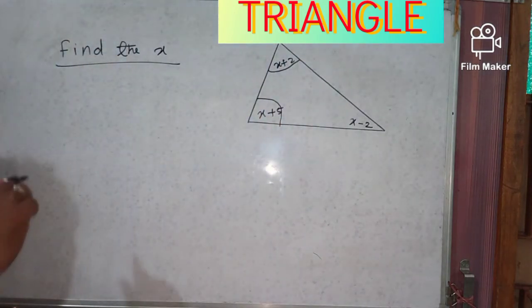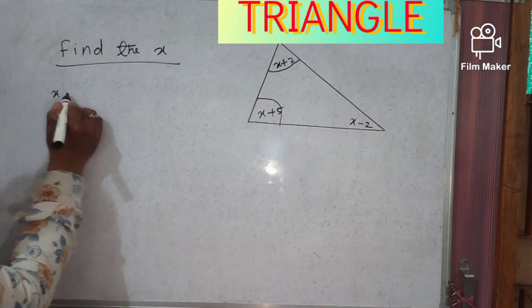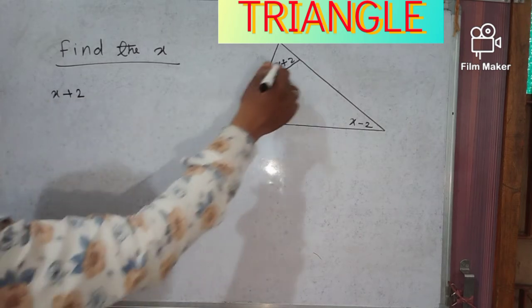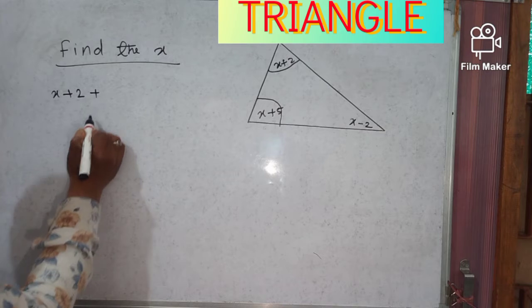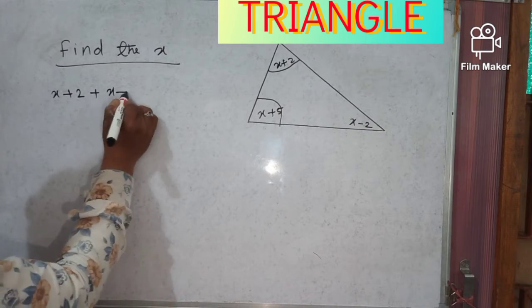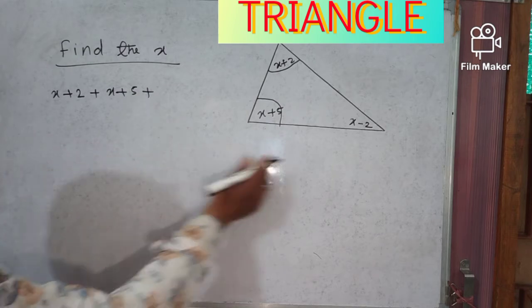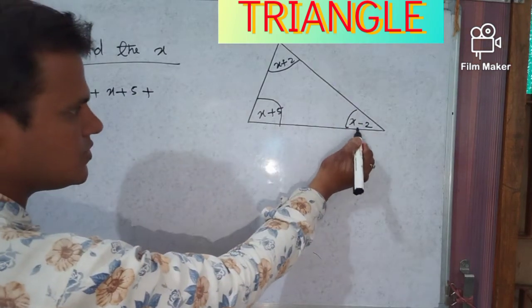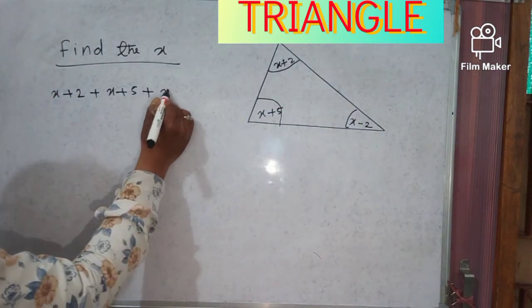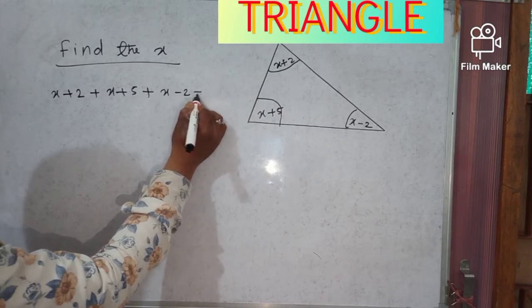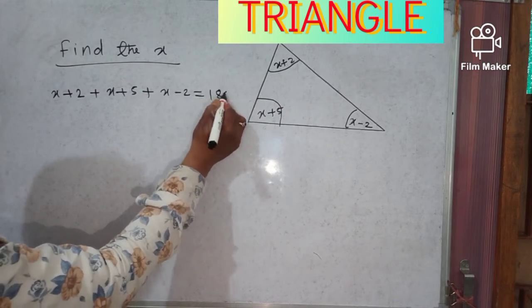So see here, x plus 2 is this angle, plus x plus 5 this angle, plus x minus 2 this angle, is equal to 180 degrees.